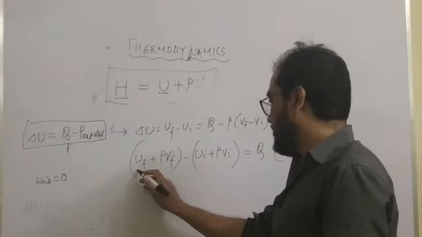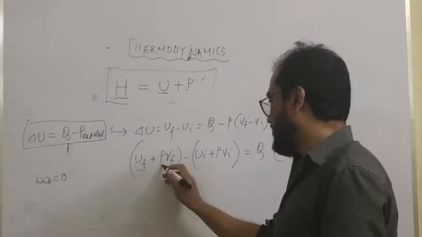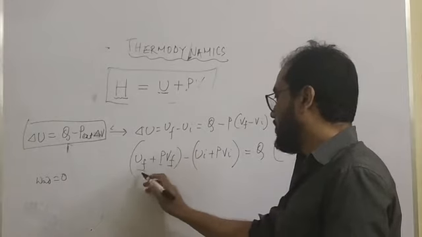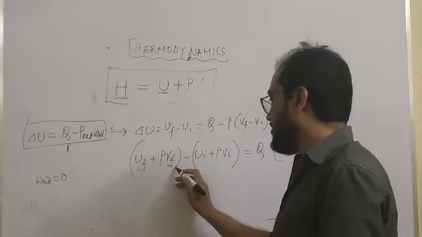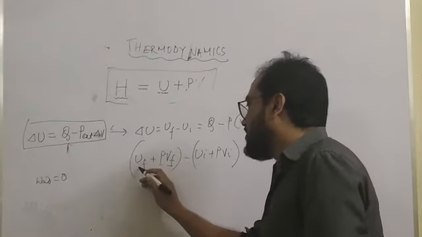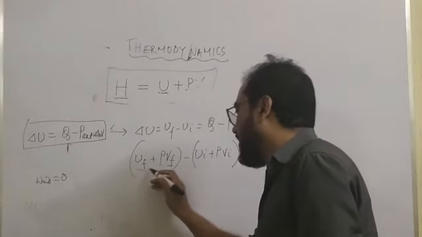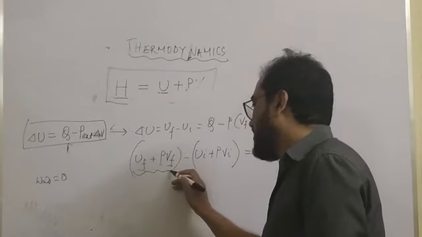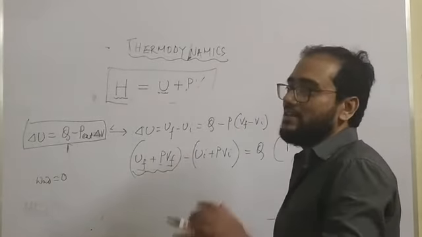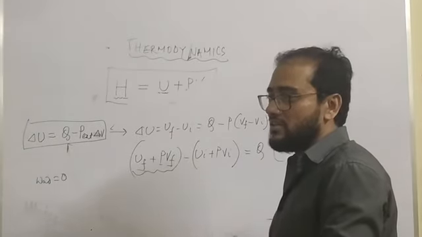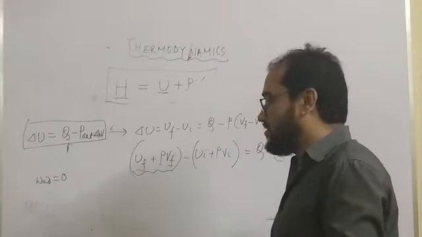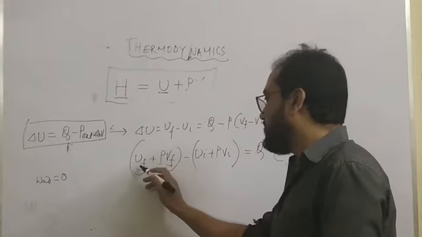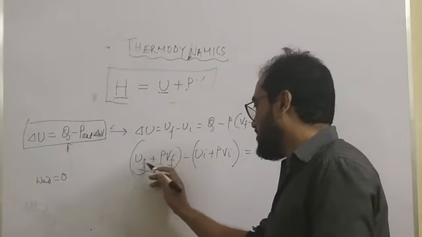Now, these are all state functions. Don't you think that, all these state functions combined together, we cannot say any particular function? So we introduce another particular function to define all these things together.